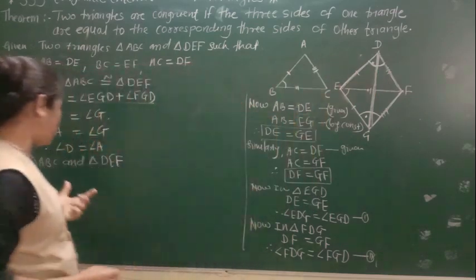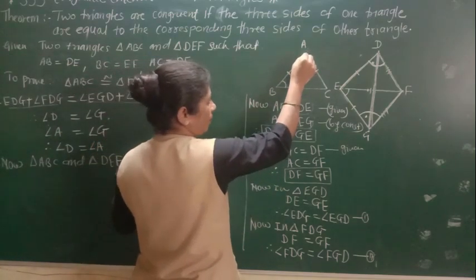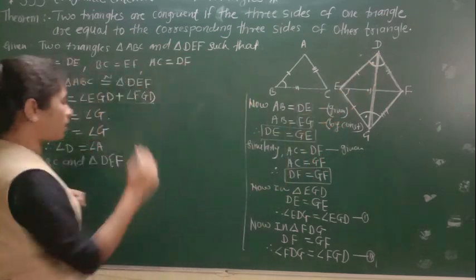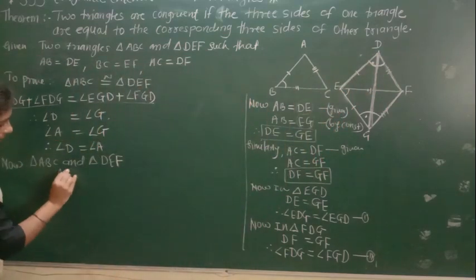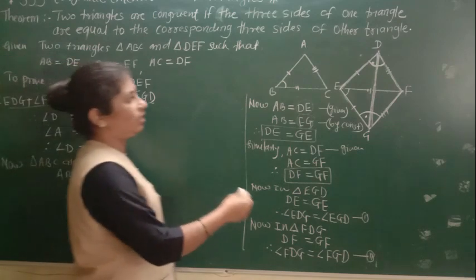So in triangle ABC and in triangle DEF, what is there? This AB equals DE, which is given for us in the statement. So here AB equals DE. Again, what we have got here?